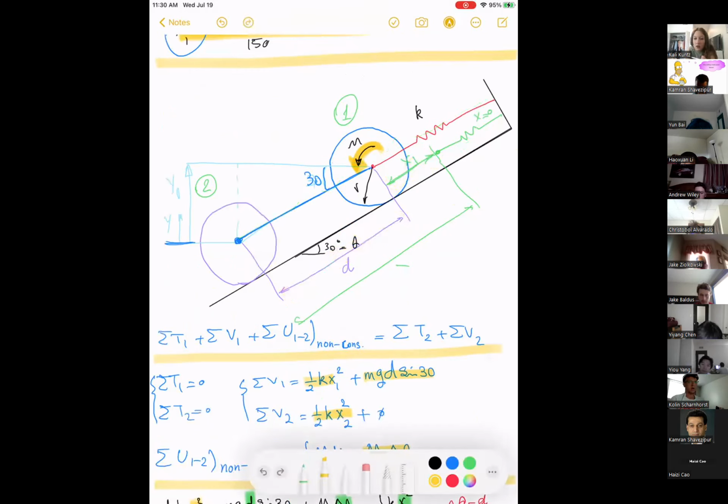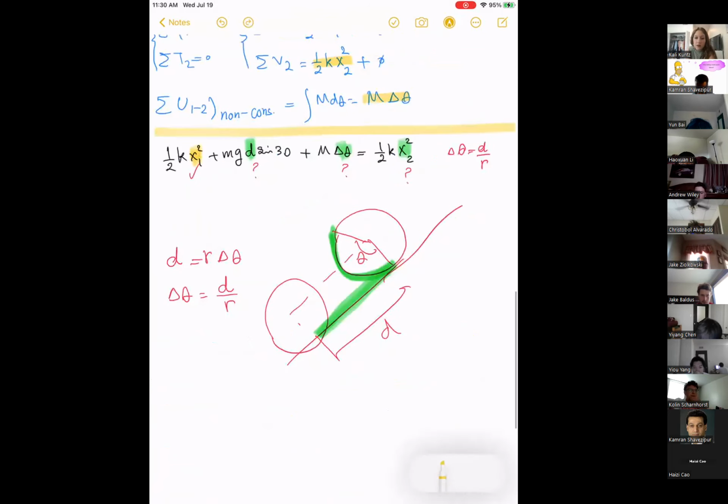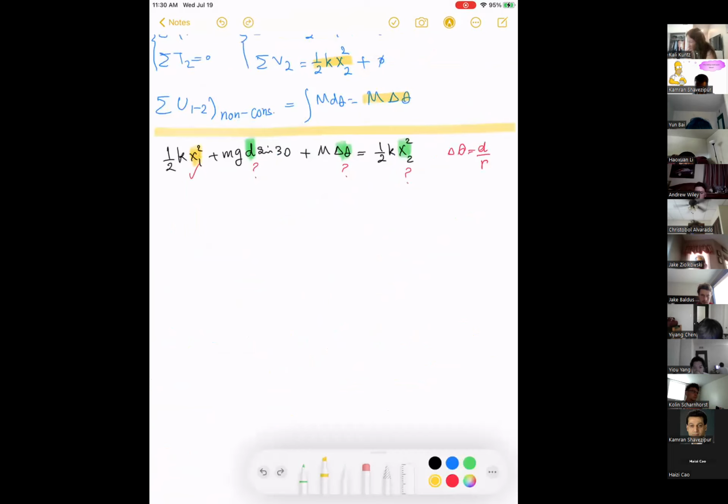So if that's the case, x2 is going to be x1 plus d. Now I have everything in terms of d.